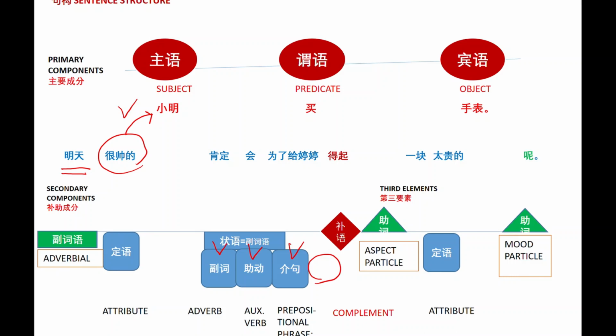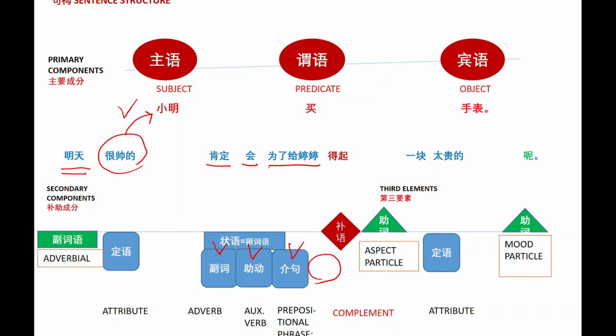We see 肯定, certainly, 会, will, 为了给婷婷, in order to give Ting, maybe there is something good.